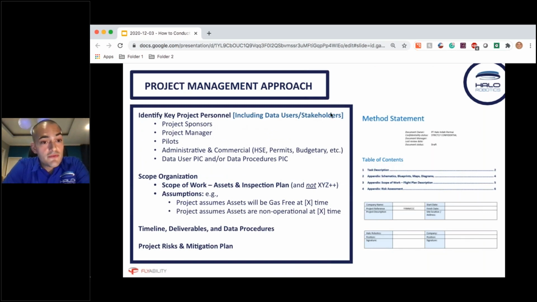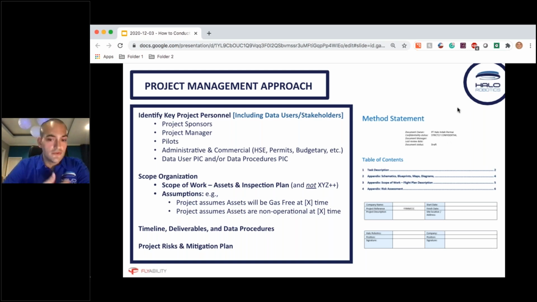In terms of doing this, taking a project management approach, I'll talk a little bit about the method statement. A project management approach is basically that you identify all of the people involved in a project: sponsors or asset owners, people who are endorsing the project but in the background, the actual project manager who's supervising the execution, pilots who are involved, administrative and commercial people like HSE, people who are doing the on-site permits, budget holders, PICs, and then people who actually receive and use the data.